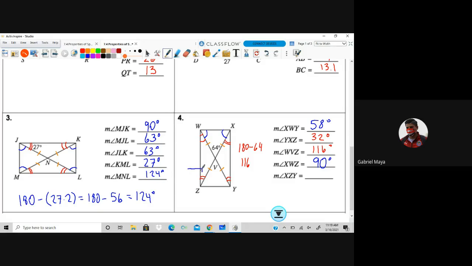XZY is this one right here. So what's this angle right here with the red? What is it? Johnny, you want to say?